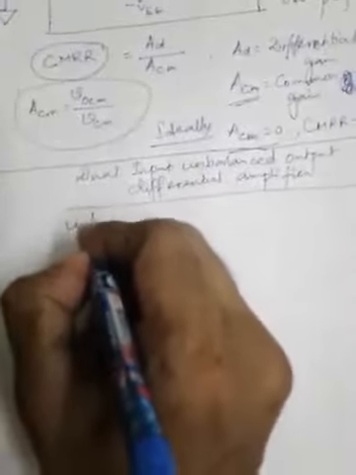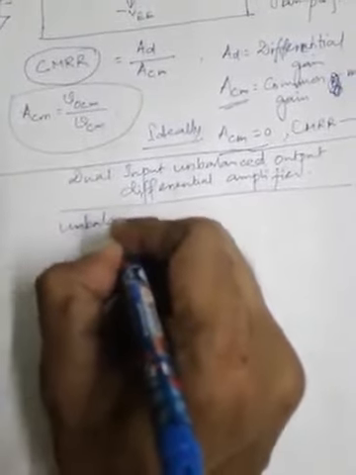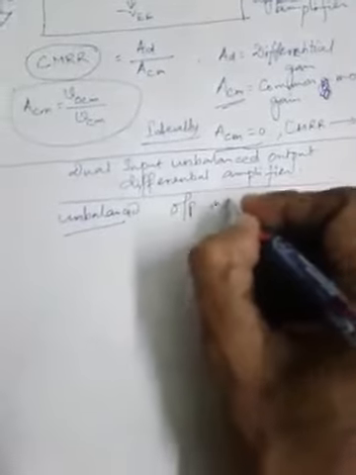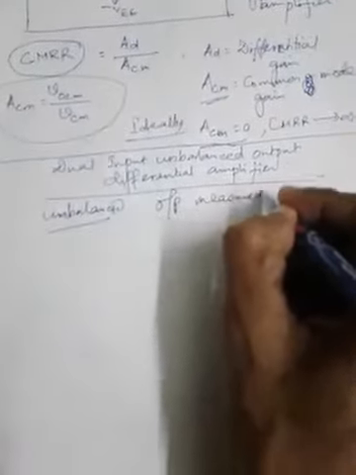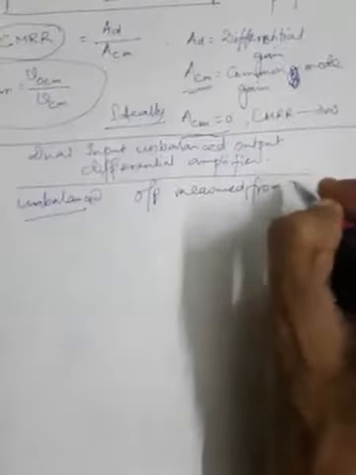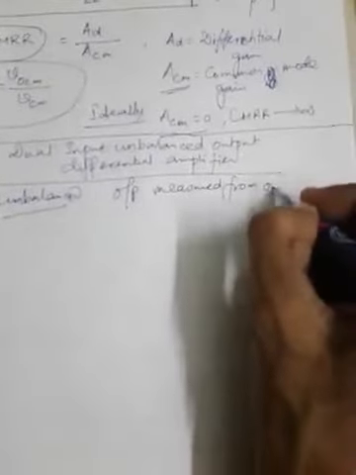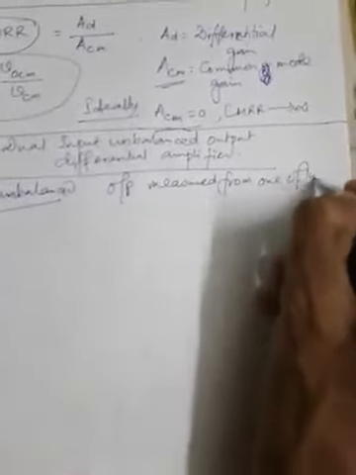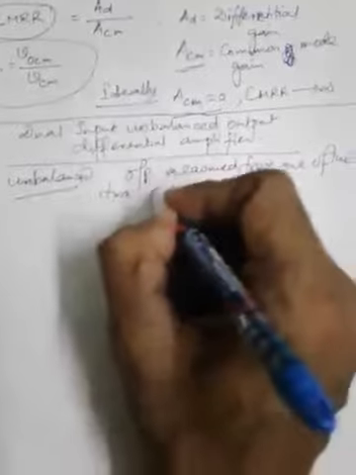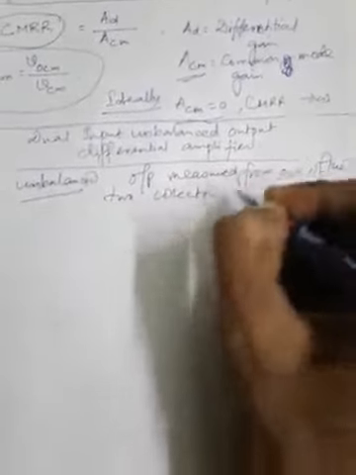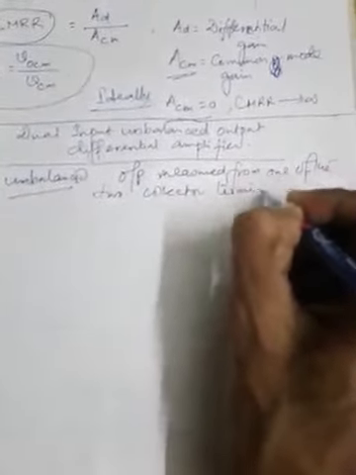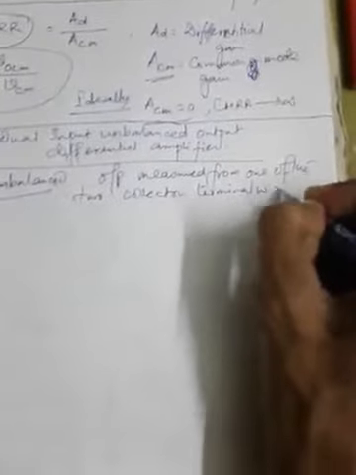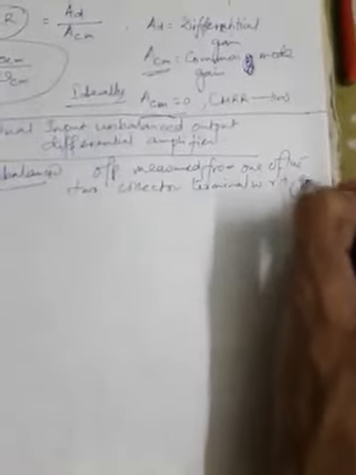That means unbalanced means output measured from one of the two collector terminals with respect to ground.